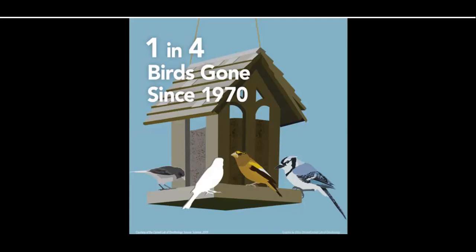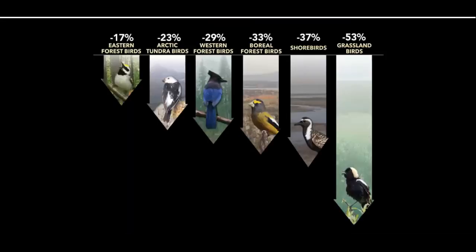And the reason that this causes some concern for us is because we are seeing declines across almost all habitat types. Certainly there are some, like grassland birds and shorebirds, that are having a harder time, but these are widespread declines.